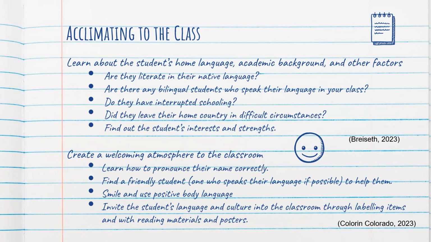And then invite the student's language and culture into the classroom. So if you can label items with the English word, then they can start learning what things are in the classroom. If you have reading materials that you can get in the student's native language, for instance, if your class is reading a novel, see if you can find a copy of that novel in their native language so that they can read the same book.